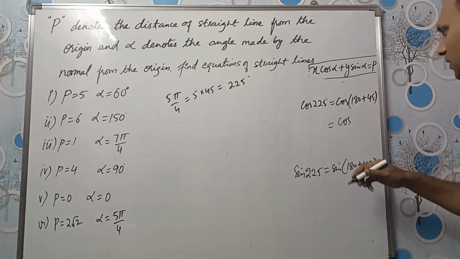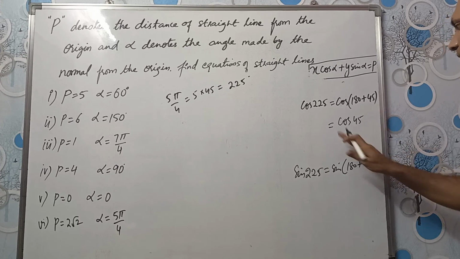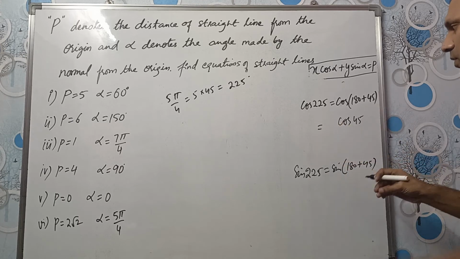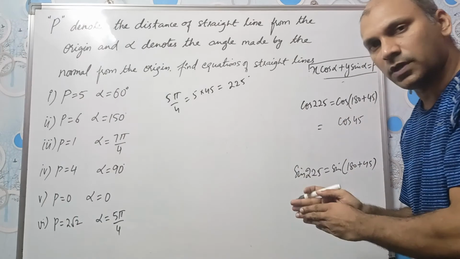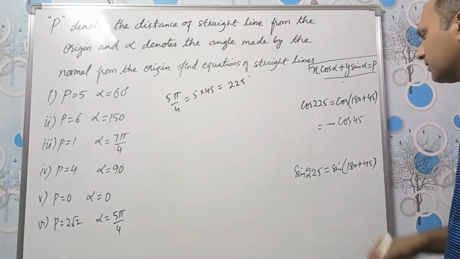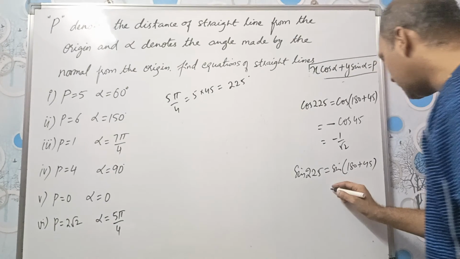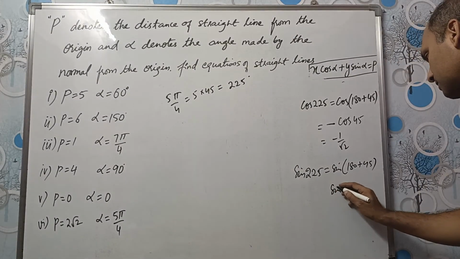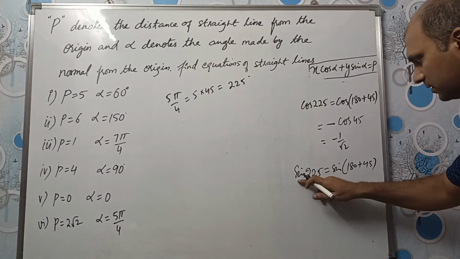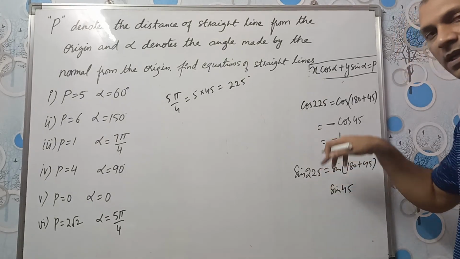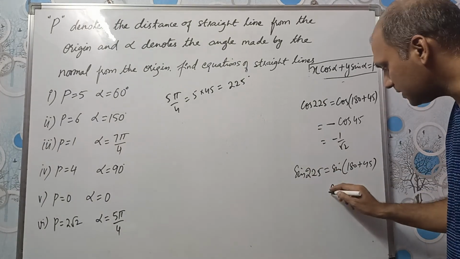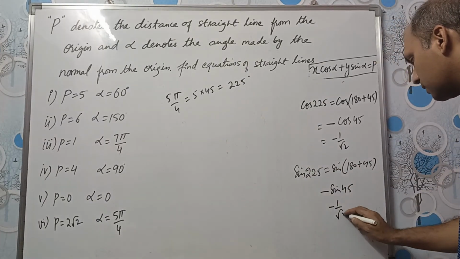It will still be cos only. So it is cos 45. But what about the sign? 225 lies in the third quadrant, and in the third quadrant, cos is negative. So this is minus 1 by root 2. And what about sine? Sin 225: 225 lies in the third quadrant and sine is also negative. So this is minus 1 by root 2.